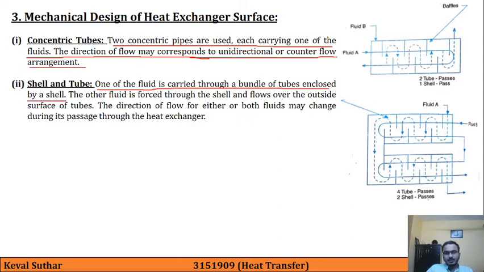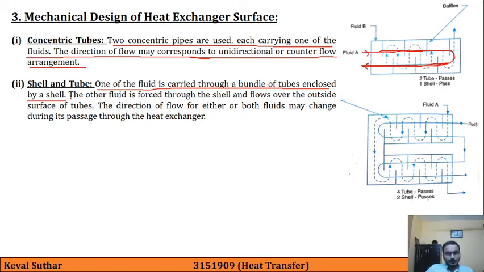So in this case, this is the pipe through which one fluid is passing, that is fluid A.